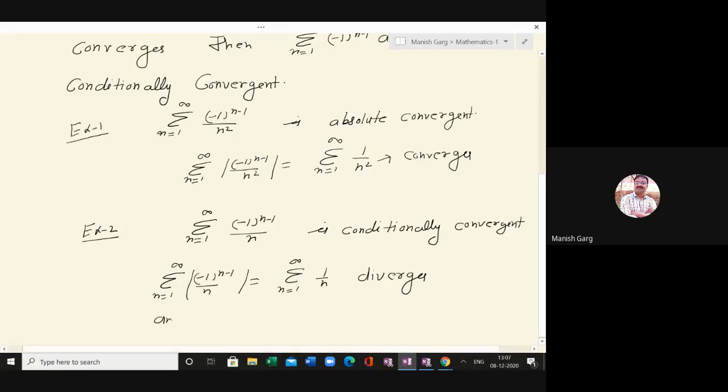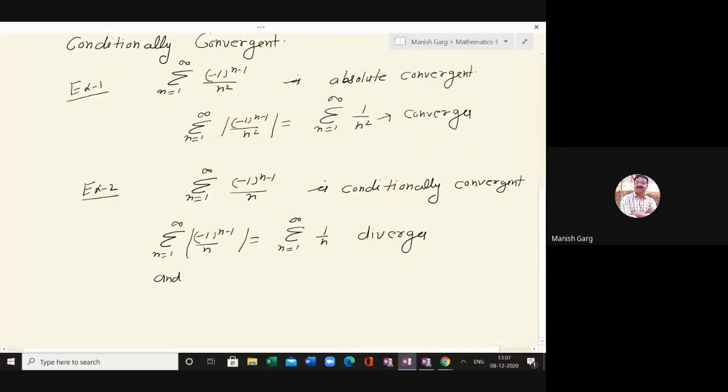And I proved by the Leibniz test that the series (-1)^(n-1) over n converges. So this series is conditionally convergent. If anybody has a doubt, ask me. Otherwise, the definition of absolute convergence is over.